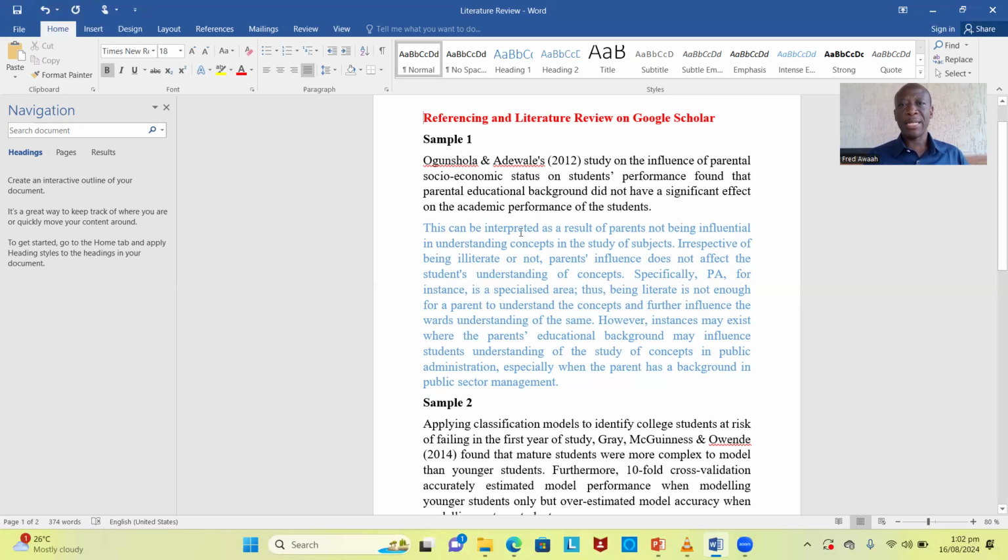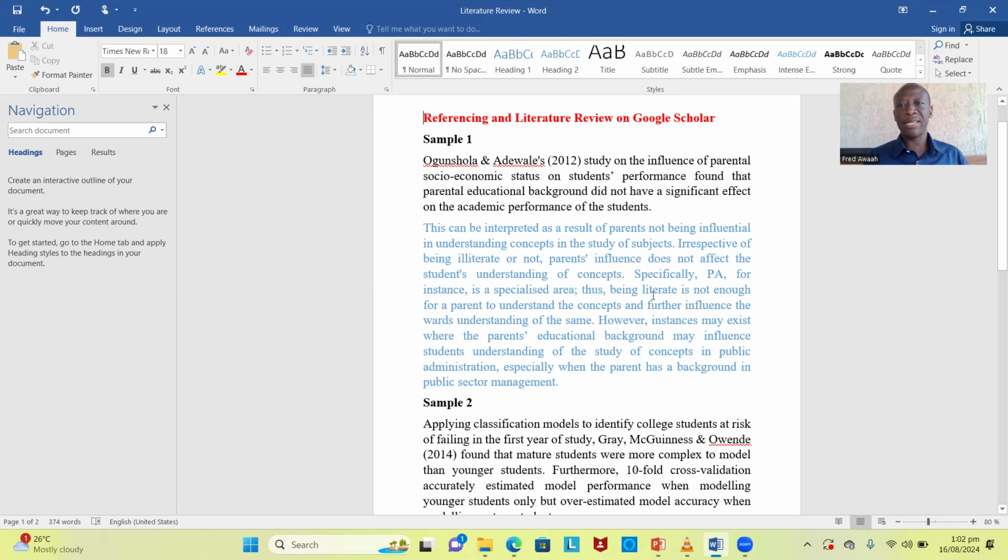So they said this can be interpreted as a result of parents not being influential in understanding concepts in the study of subjects. Irrespective of being illiterate or not, parents' influence does not affect students' understanding of concepts. Specifically, public administration, for instance, is a specialized area.